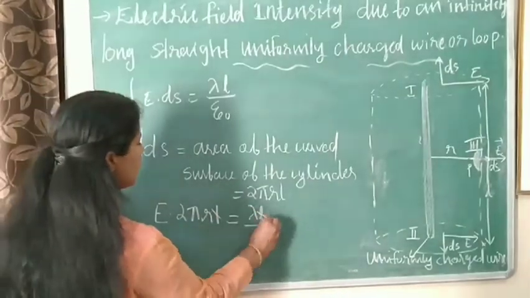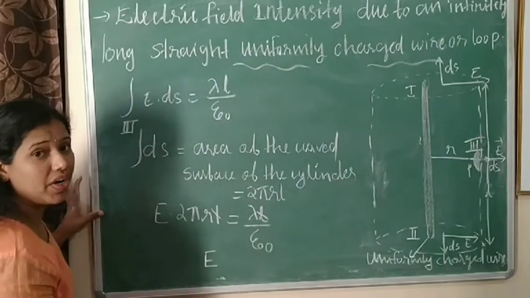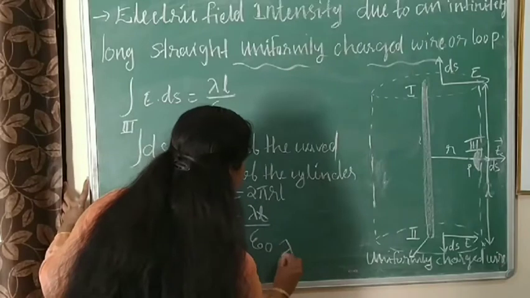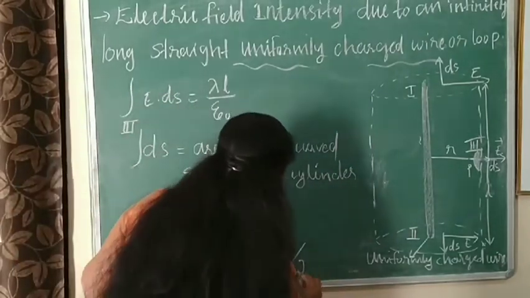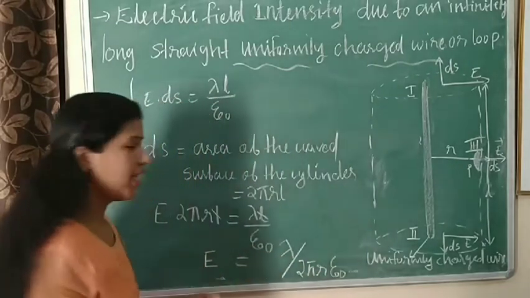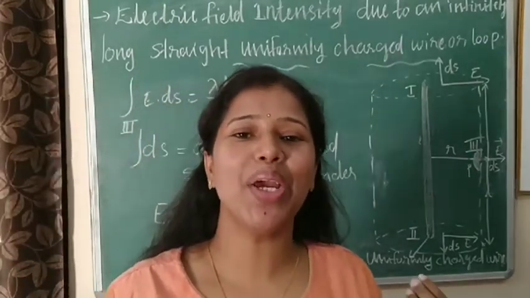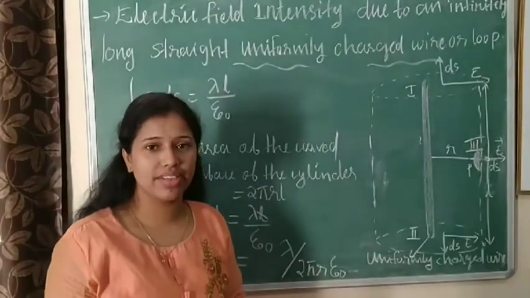Then L cancels. Our aim is to calculate electric field intensity: E is equal to lambda divided by 2 pi r into epsilon naught, that is E equals lambda divided by 2 pi epsilon naught r.